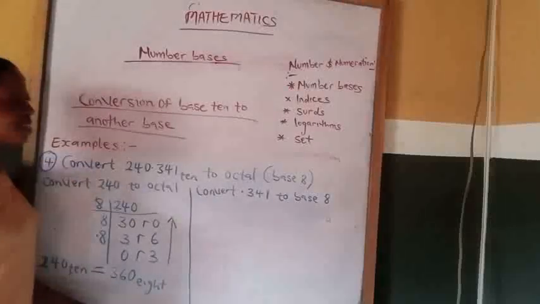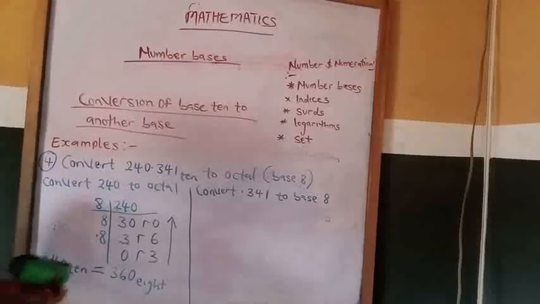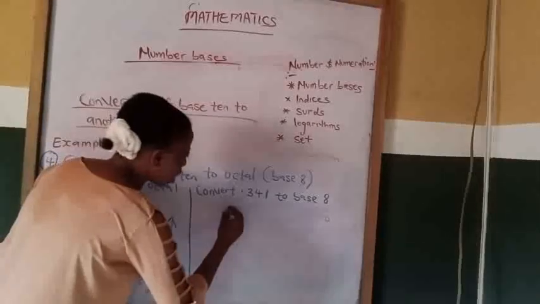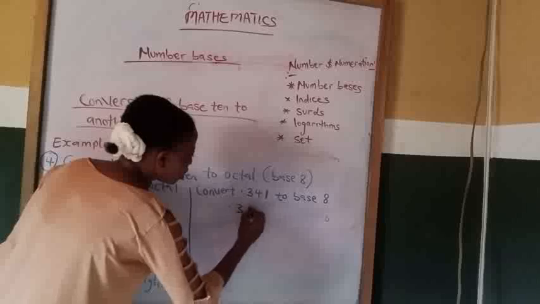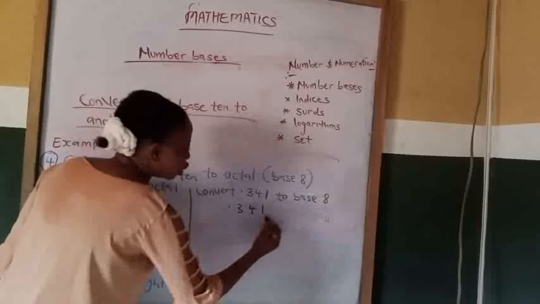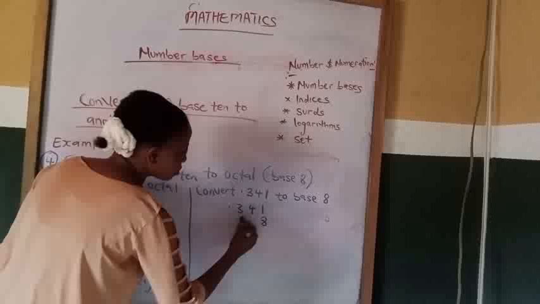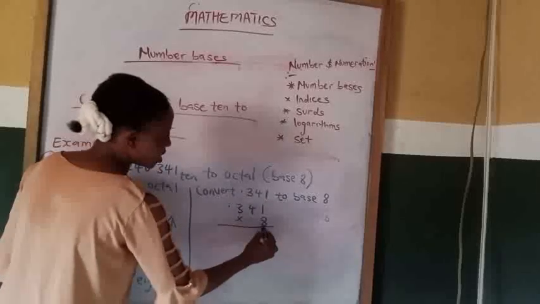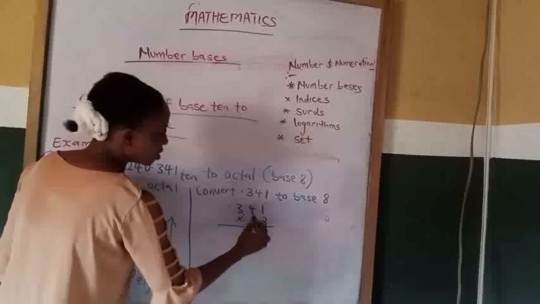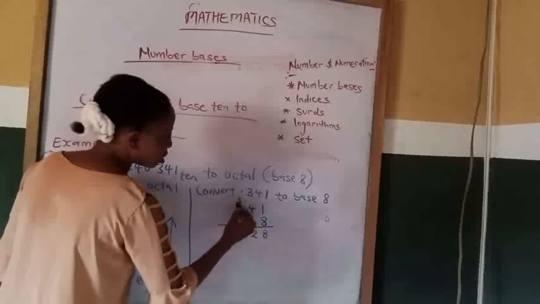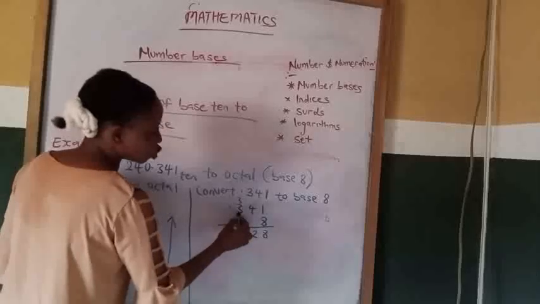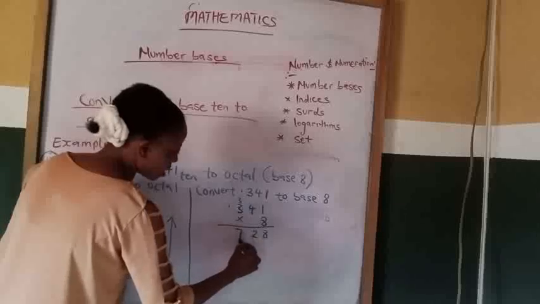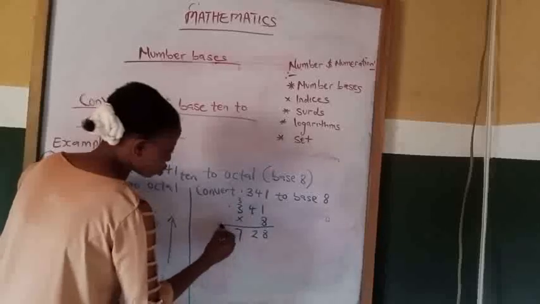So that will be .341 times 8. 8 times 1 is 8. 8 times 4 is 32, write 2 carry 3. 8 times 3 is 24, 24 plus 3 gives 27. That's 7, carry 2.